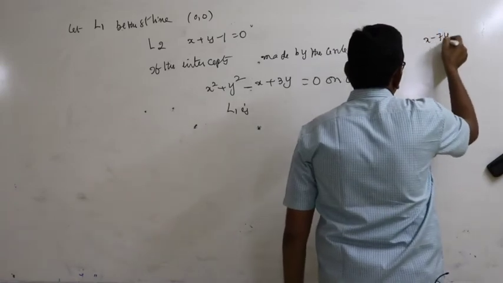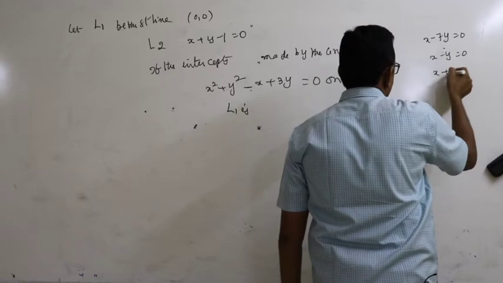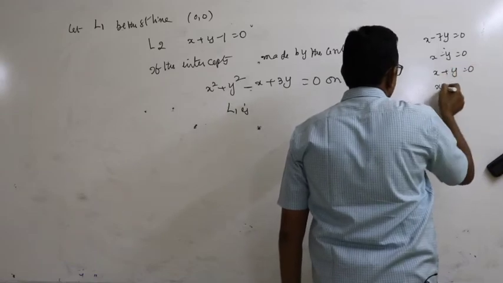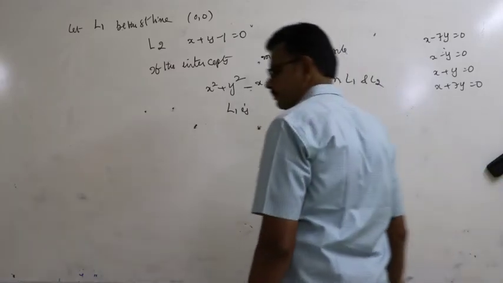The options are x minus 7y equal to 0, x minus y equal to 0, x plus y equal to 0.